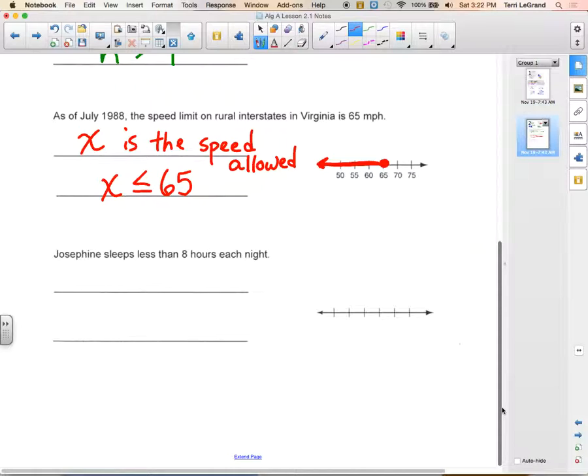Josephine sleeps less than 8 hours each night. So we need to represent Josephine's sleep, right? So again, I don't really like that sleep starts with an S, so we don't want to use S. So let's use y this time. So y is representing the number of hours sleeping.